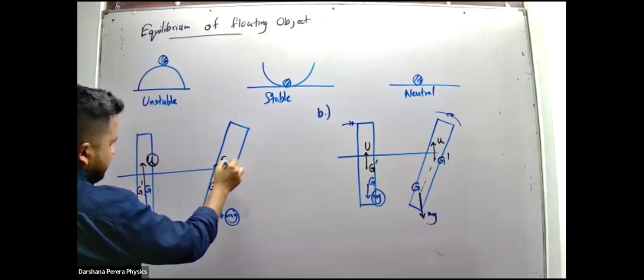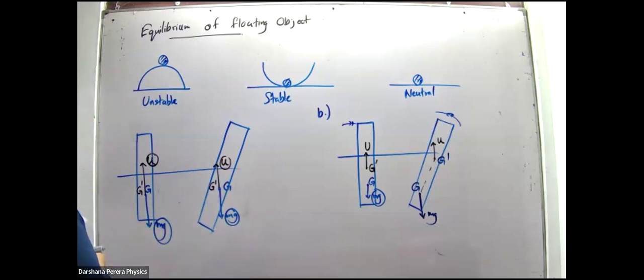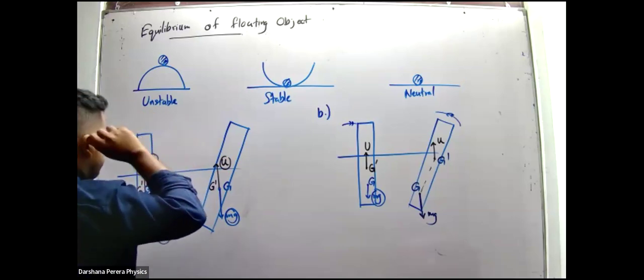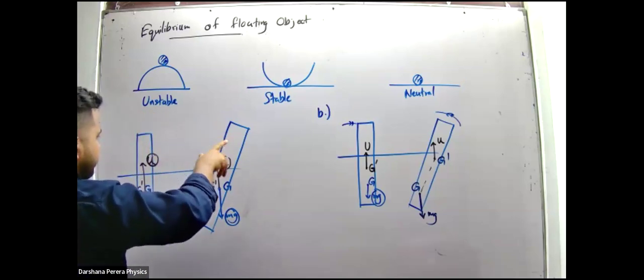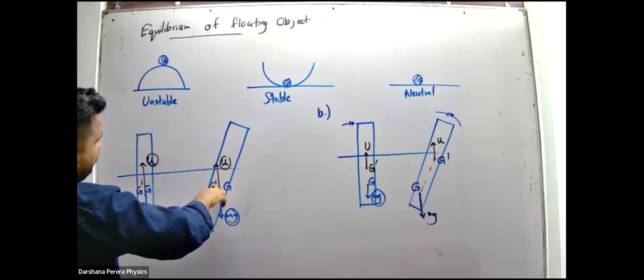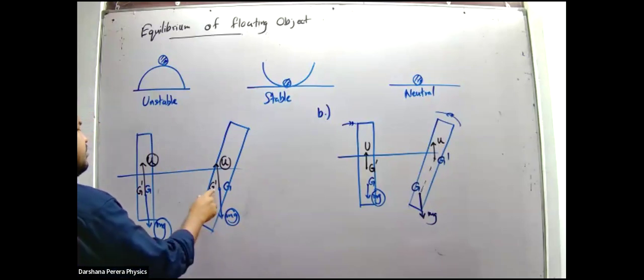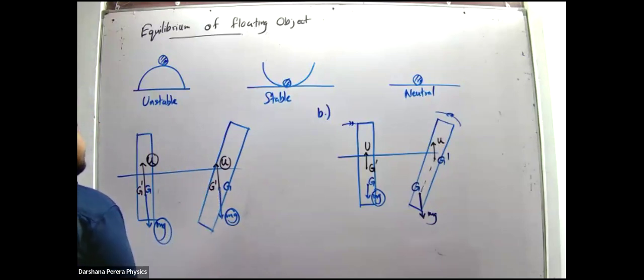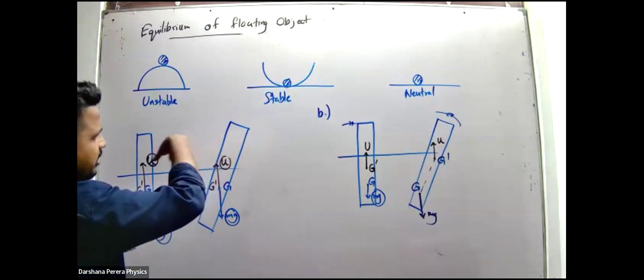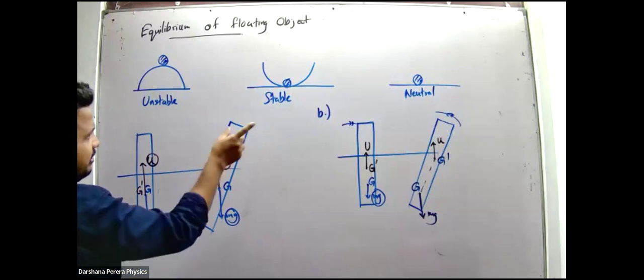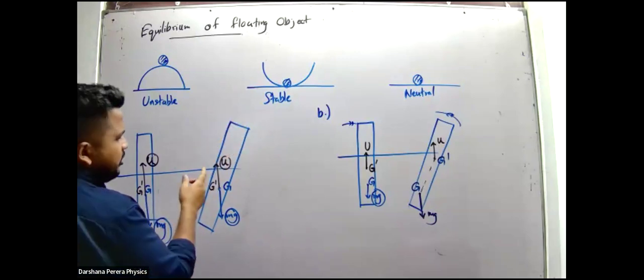Because of that, if we give a small angular displacement, it will rotate. It does not come back to the original position because G and G dash are at the same point. If we give it any position, it remains in that position. That means it is neutral equilibrium.